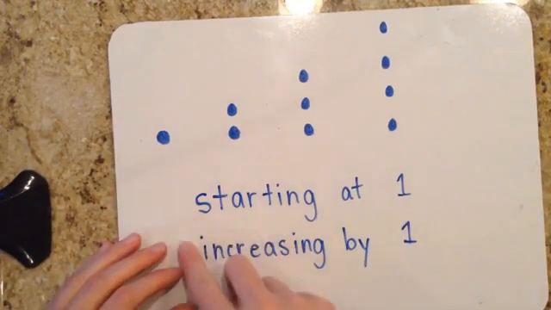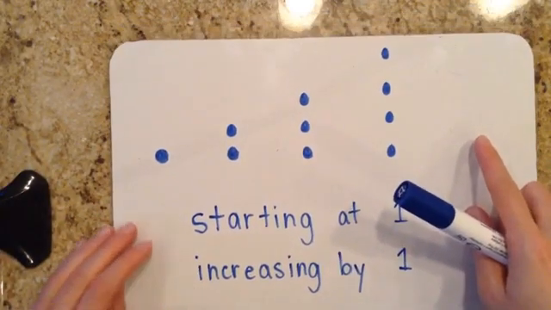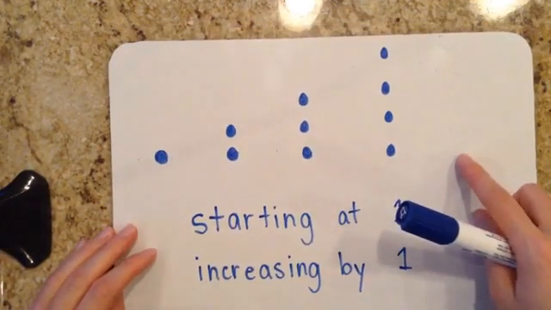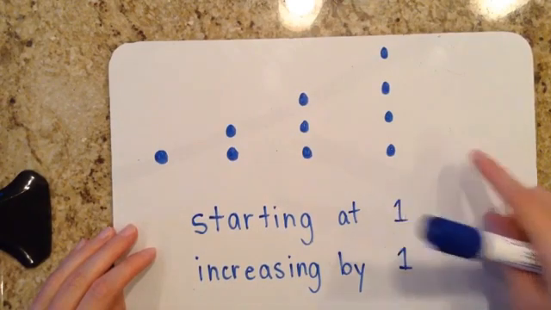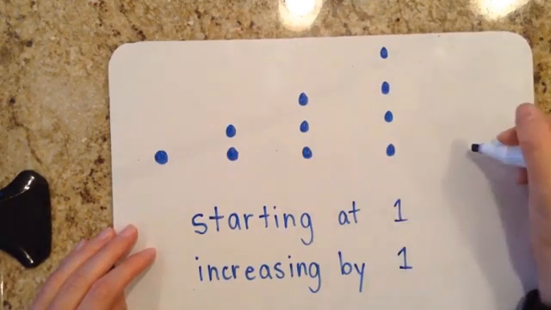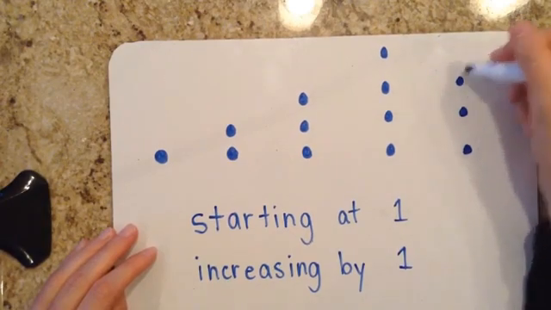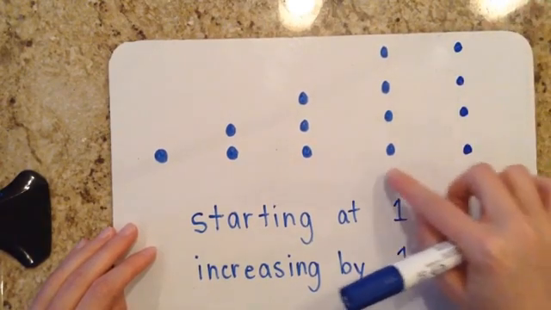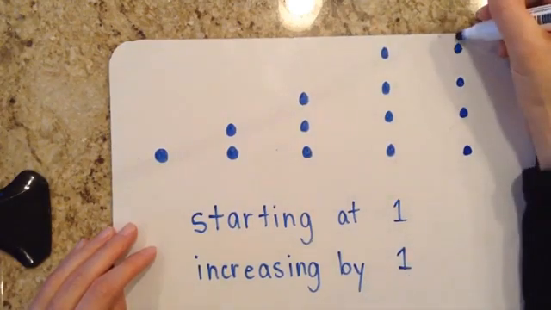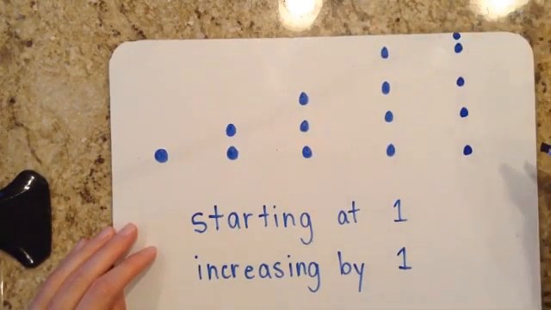This is my pattern rule. Can you figure out how many dots would come in the next term? See if you can draw them. Start by copying the last term. Same. And now make it one bigger. That's right. There's 5 dots in the last term.